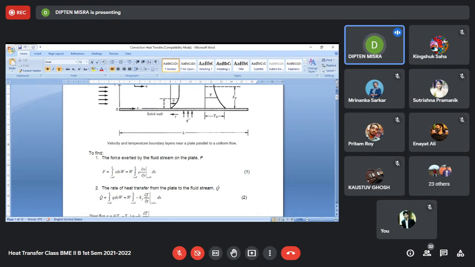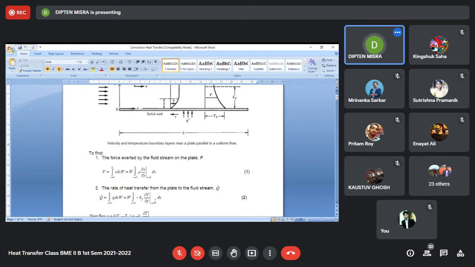So we can apply the law of conduction heat transfer, because the layer we are considering at y equal to 0 plus is a layer of fluid which is not moving. The mechanism of heat transfer will be by conduction only through that fluid layer, and that is why we can apply Fourier's law of heat conduction, q equal to minus k into del T del y at y equal to 0 plus.